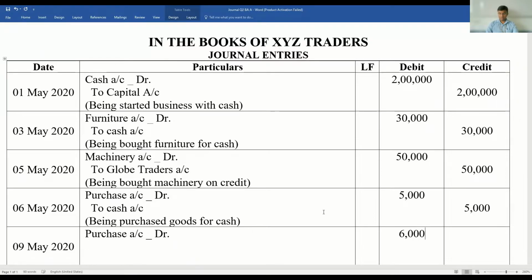Here it's 6,000 to cash. Now, why is it that I'm considering cash over here? Because it's exclusively mentioned that from Bharat you're purchasing the goods for cash. Being purchased goods for cash from Bharat.